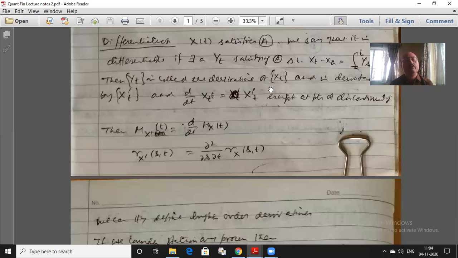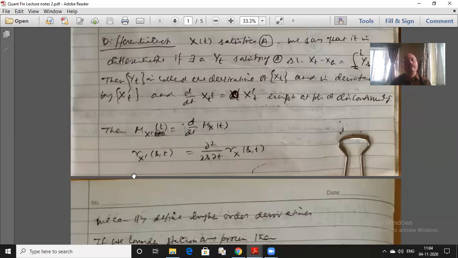And then of course, we are also interested in finding the mean and covariance from the original process. If I differentiate, what happens to the mean and covariance? One can show that mu of x prime will be d/dt of mu of x_t. You have to think of this in reverse through the integration process.